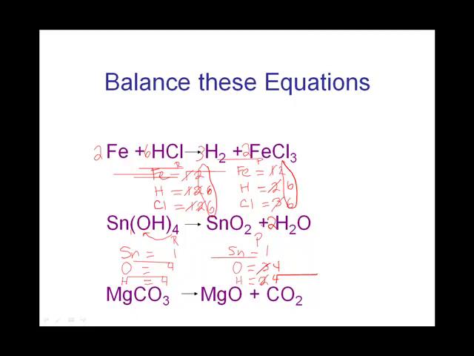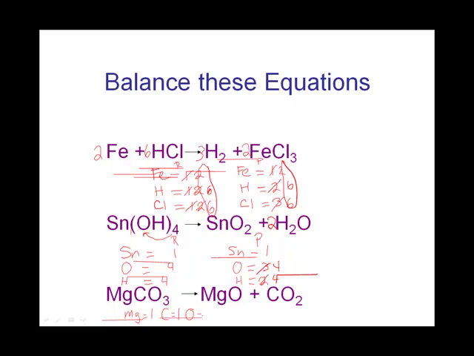The last one is basically the same thing. Okay, you just move left to right and figure out where to put the coefficients if necessary. So we have 1 magnesium on this side. We have 1 C on this side.